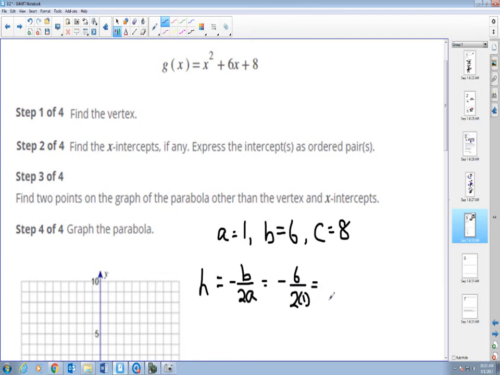So that's basically -6 over 2, which is -3. So this -3 is the x value of the vertex. If I take this same x value of the vertex and plug it back into the function, then the output has to be the y value of the vertex. So my k would just be f of -3, which is -3 squared plus 6 times -3 plus 8.